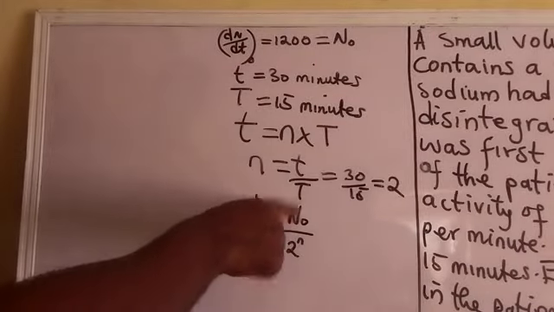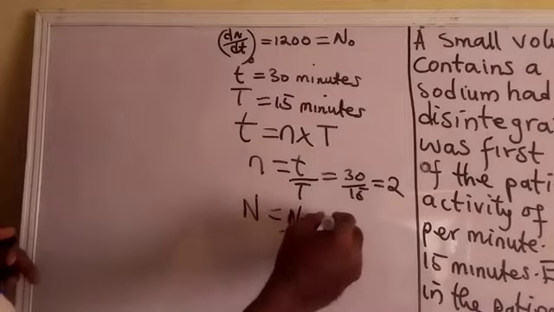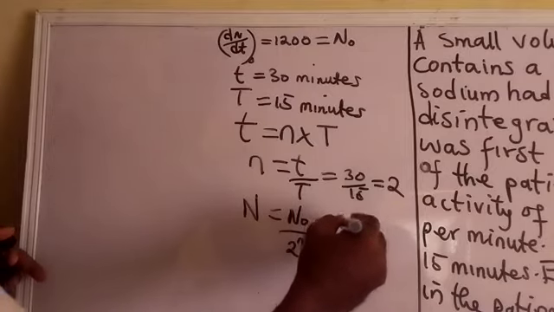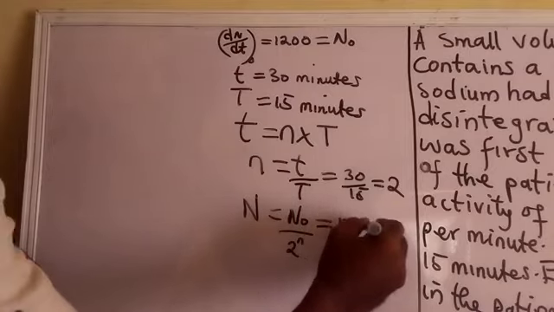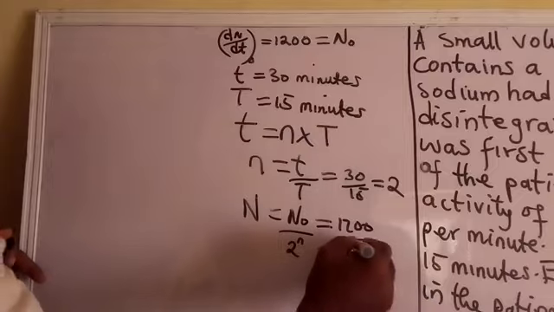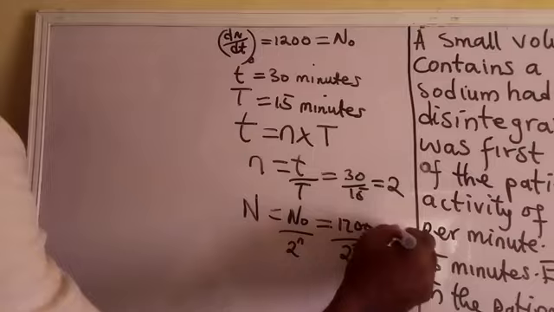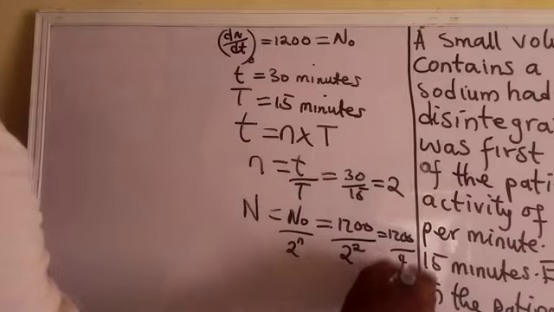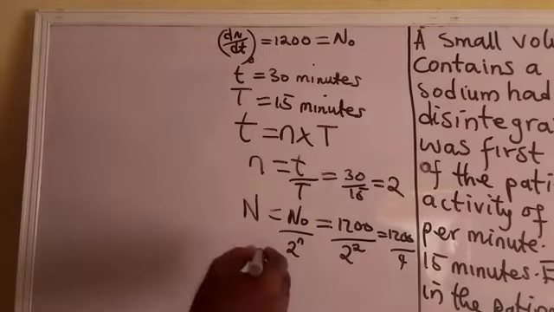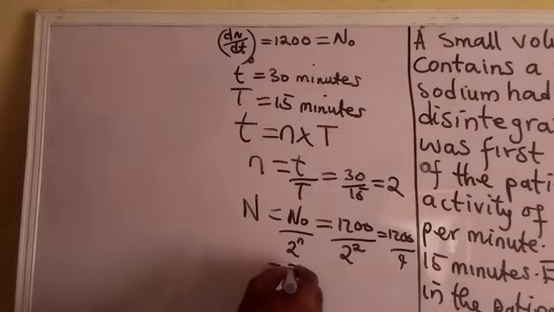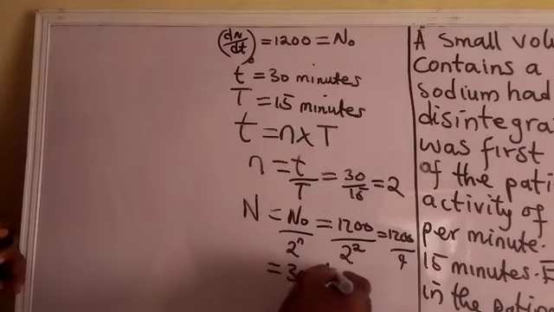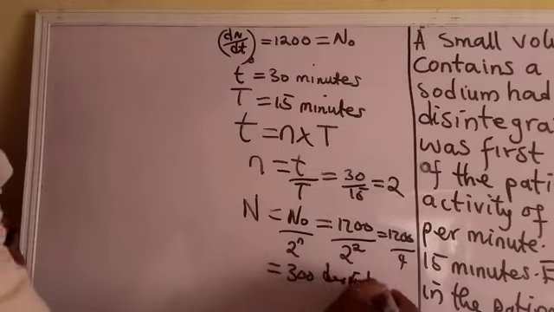This is disintegration at the beginning. So we are going to talk about 1200 over 2 raised to power 2. That is 1200 over 4. And that will give you 300 disintegrations. Okay?